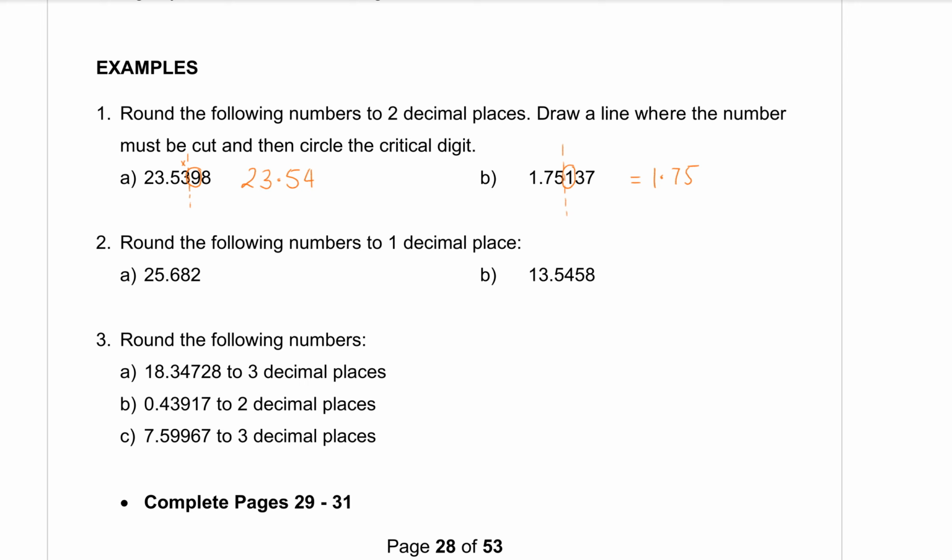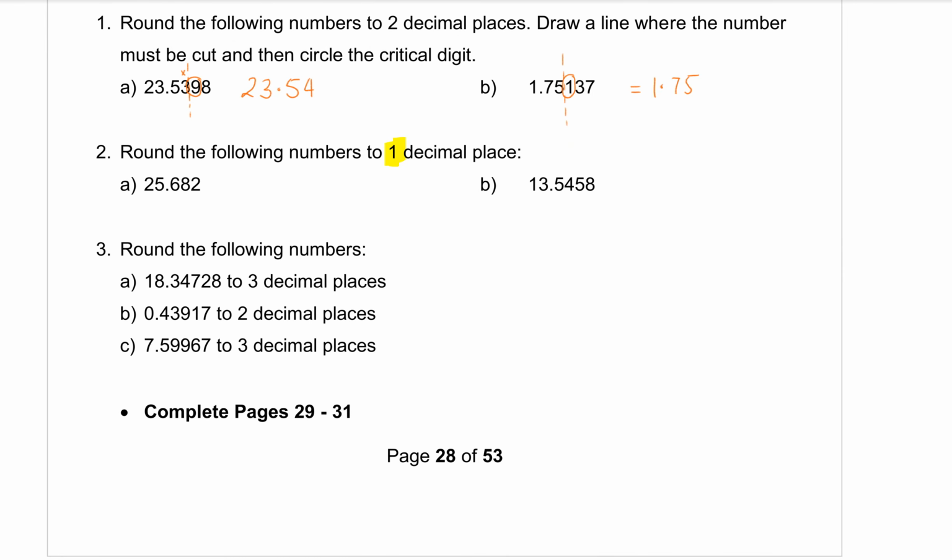Question 2, still rounding, but now we want to do 1 decimal place. So we only want 1 number after the decimal point. Like last time, let's draw our line after our 1 number. So it would be after that 6. The 8 is going to be our critical digit. Am I going to round up or am I going to round down?